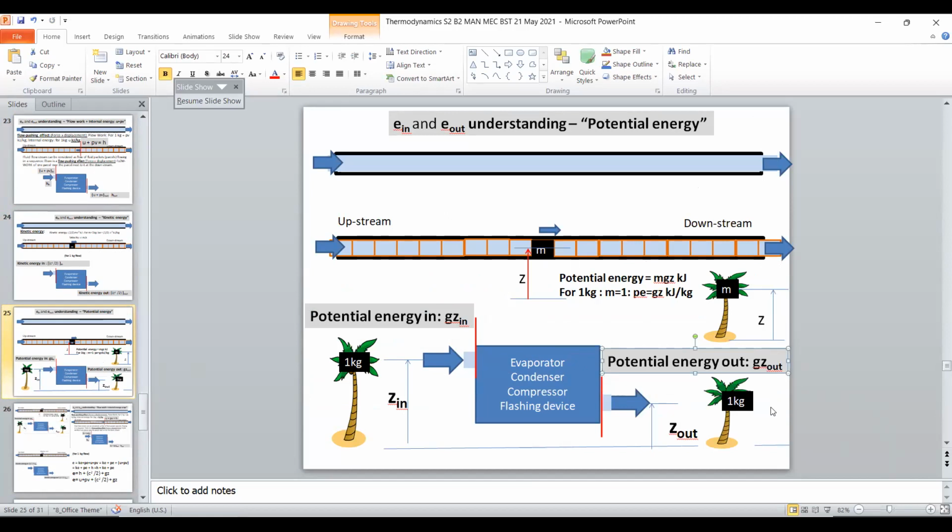Okay. Potential energy means PE. Potential energy PE. Good.